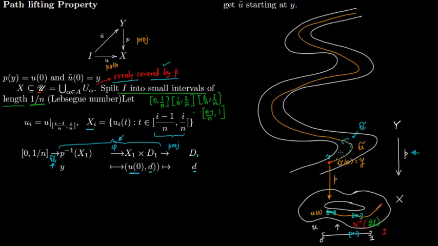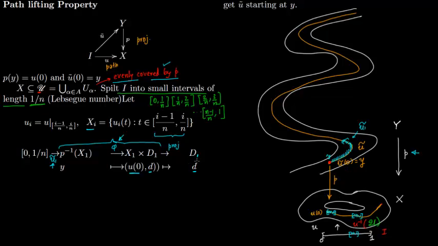So basically now we have succinctly defined this path right here. So this is u1 tilde. So this map is equal to phi inverse of, where phi is nothing but a continuous map, of (u of t, this d), which is a constant.